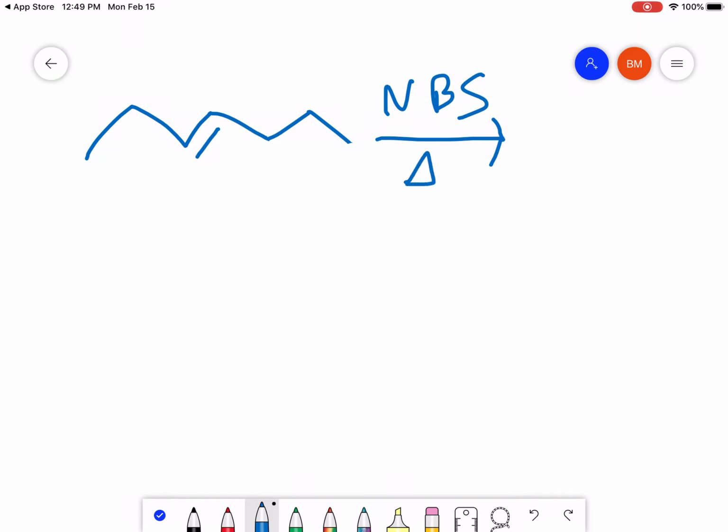All right, so of course you guys know by now that if you see NBS pop up with an alkene, you're going to be definitely doing an allylic halogenation. As always, with radical mechanisms, our first step is initiation. So just to remind you, this is what NBS looks like.